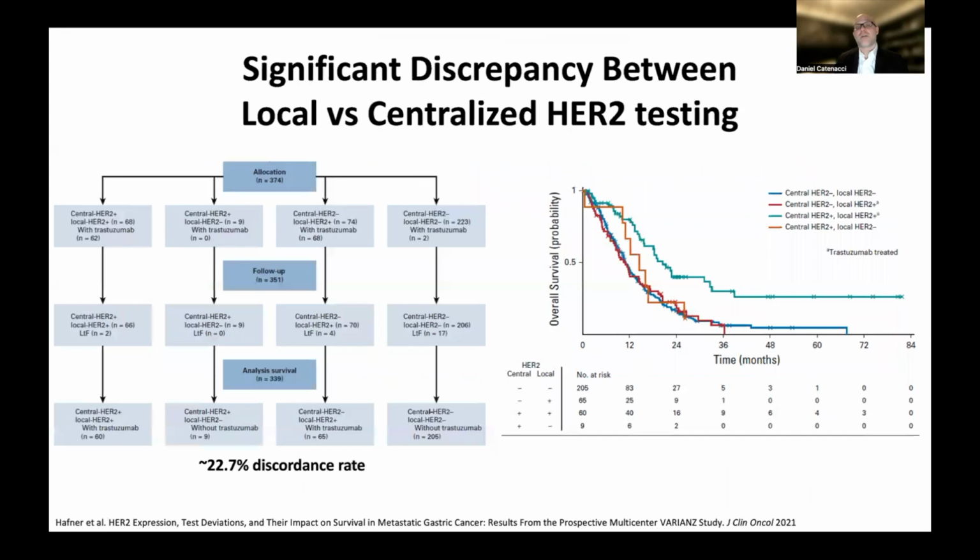So there are many studies over the last while that have assessed the reliability of the HER2 score from pathologists. And a known issue is pathologists that are scoring this that are not well trained or that are not seeing a high volume of cases, they have a lower sensitivity and specificity of calling HER2.